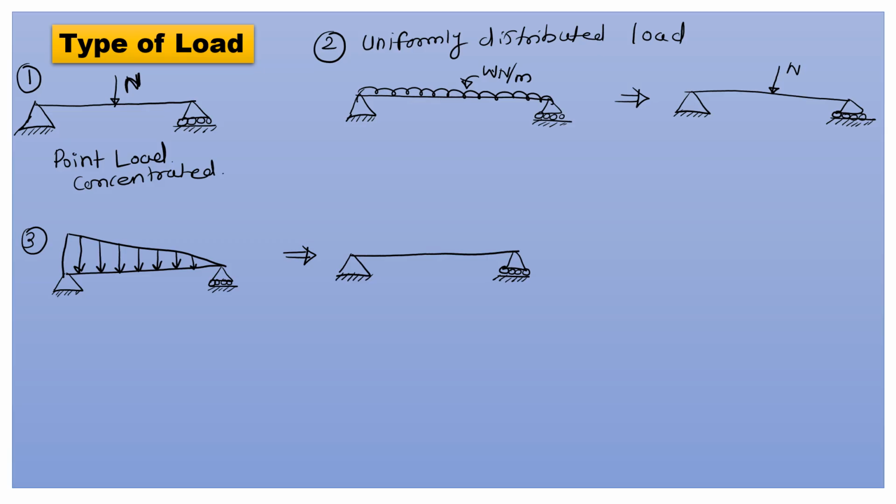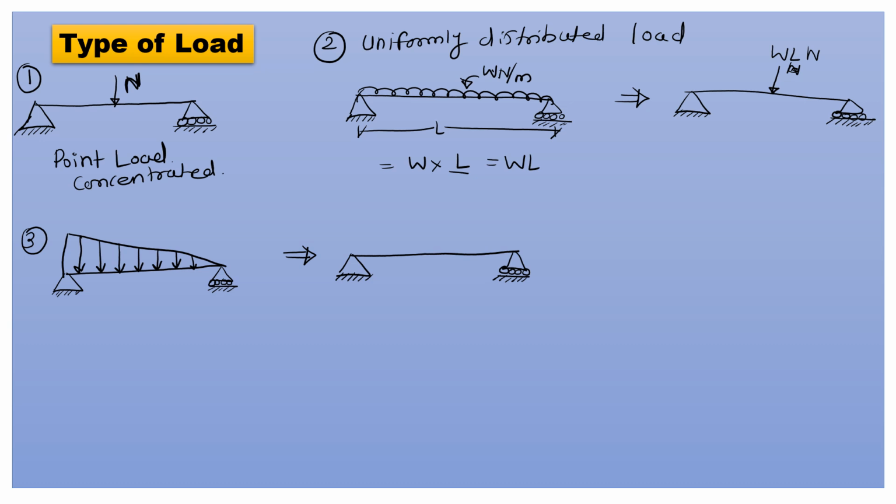For that, take the loading W and multiply it by the length of the span. Then the point load is WL, which is in Newton. By using this point load, you can solve the further calculation.